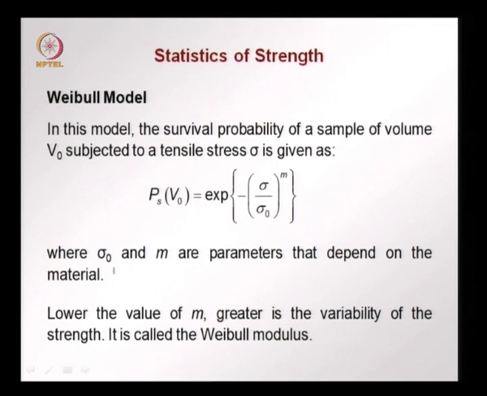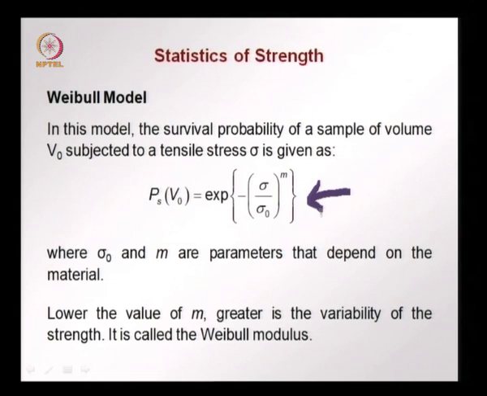One of the ways of tackling this problem is through what is called the Weibull model. Here we look at the survival probability of a specimen of a certain volume V0 subjected to a tensile stress sigma, and this is the survival probability.